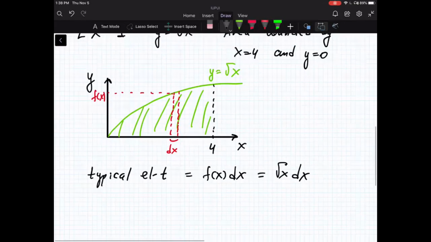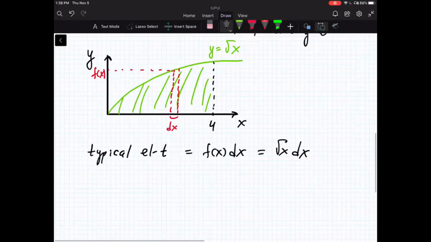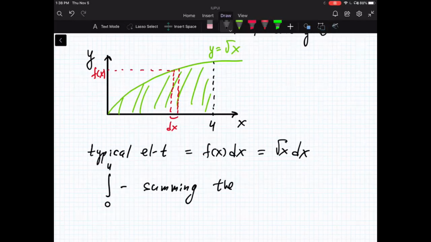And now we should sum up the little areas of such rectangles from 0 to 4, and that gives me this operation from 0 to 4. So I'm summing the little areas from 0 to 4.